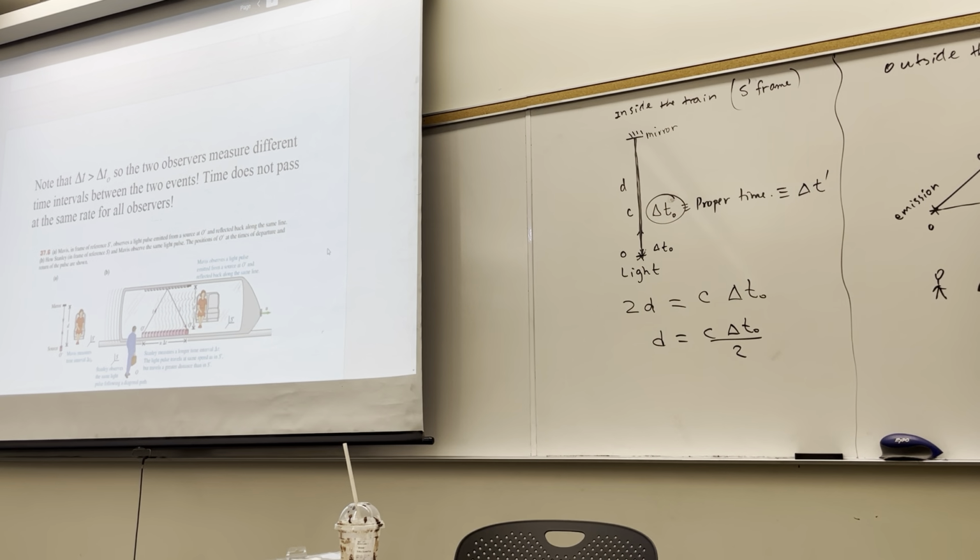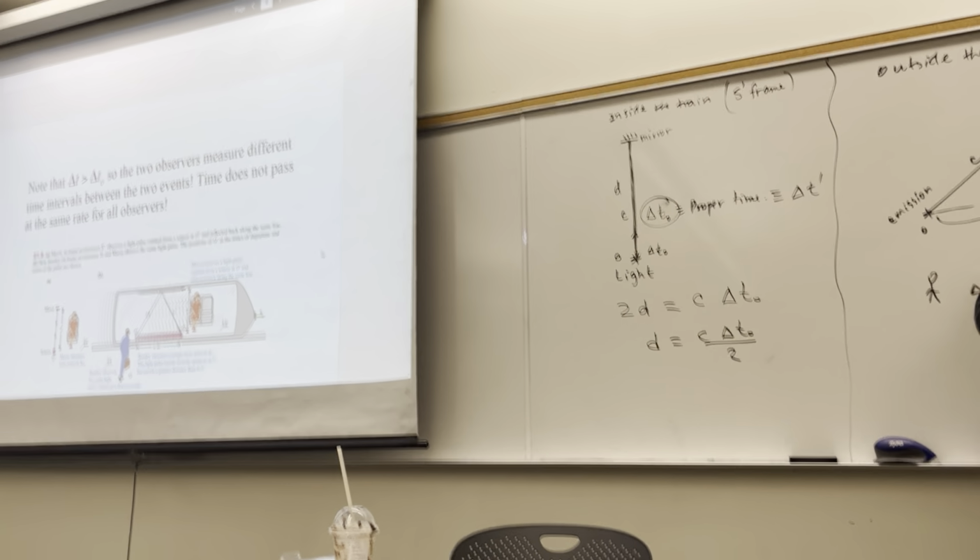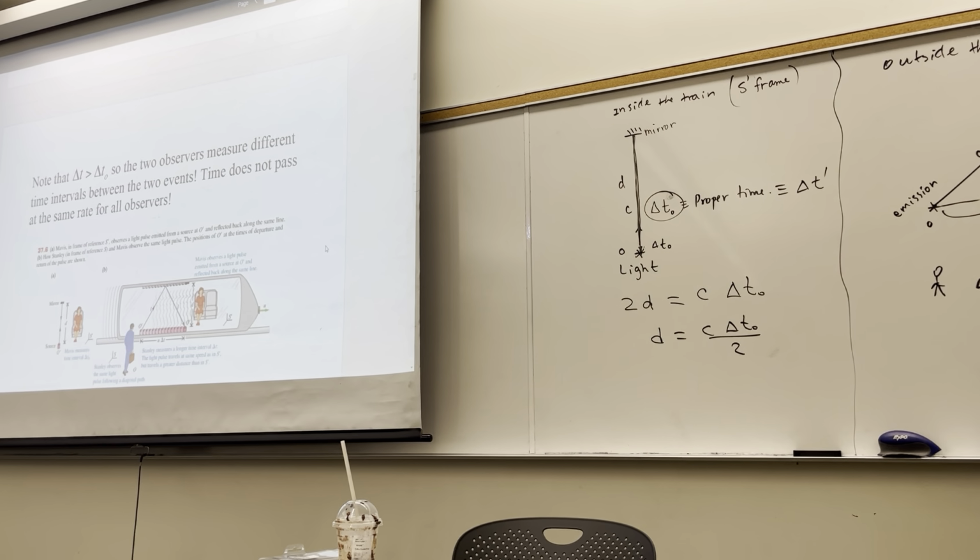And during that time, this train is moving at speed u to the right. So what will this distance be? u delta t over 2. It's the speed u multiplied by the time that it took to go from here to there. So it's got to be u times 1/2 of delta t. Speed multiplied by time is the distance.